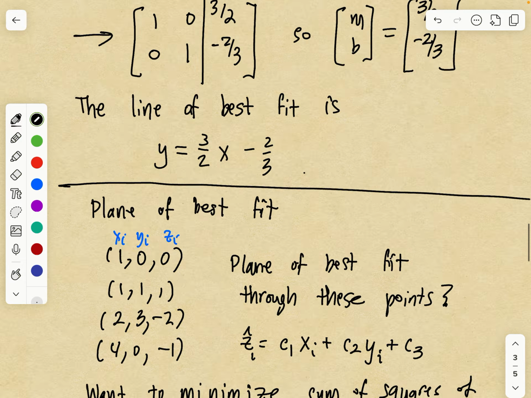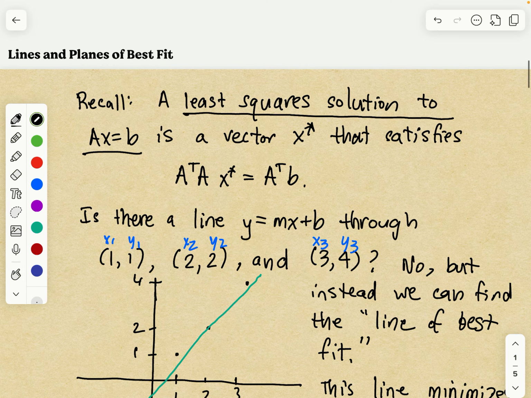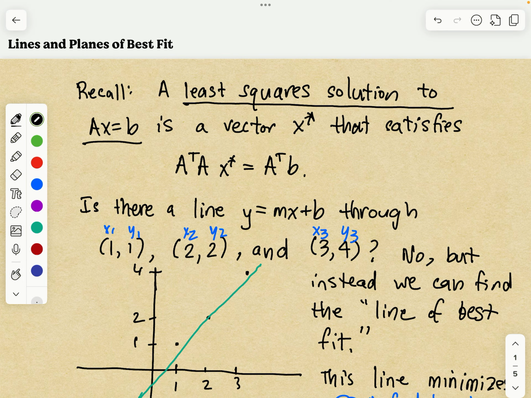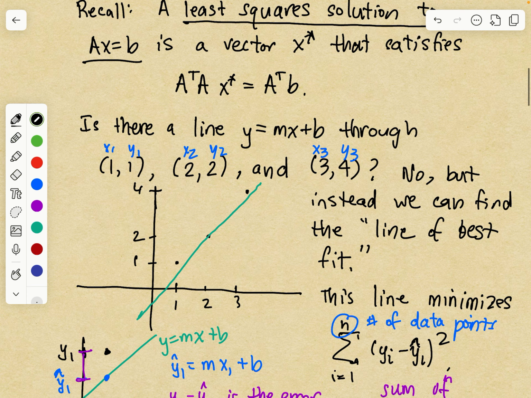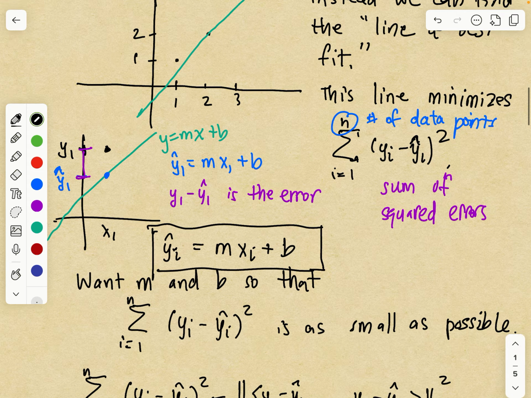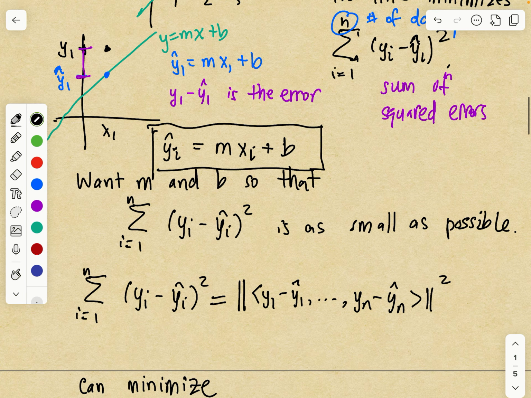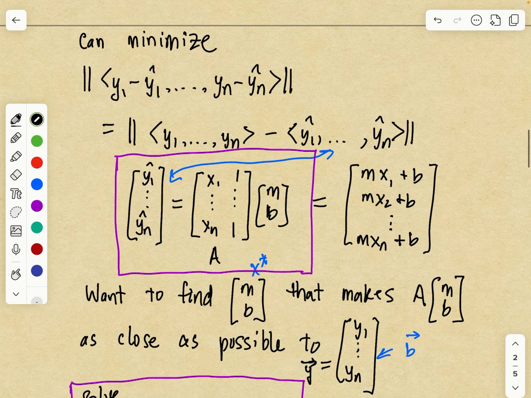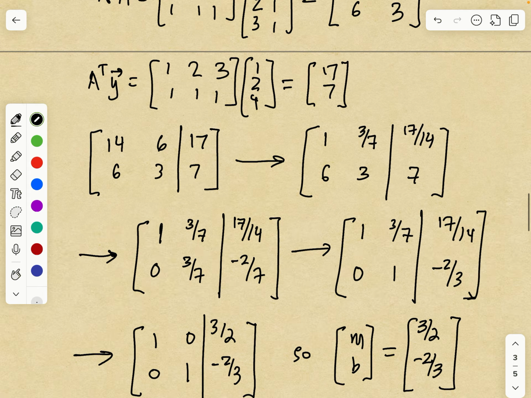All right, let's summarize what we did in this video. We found lines and planes of best fit, and we did that by showing that these problems of minimizing the sum of the squared errors amount to a least squares problem, and we know how to solve the least squares problem, and we used that solution to find equations for the lines and the planes of best fit.